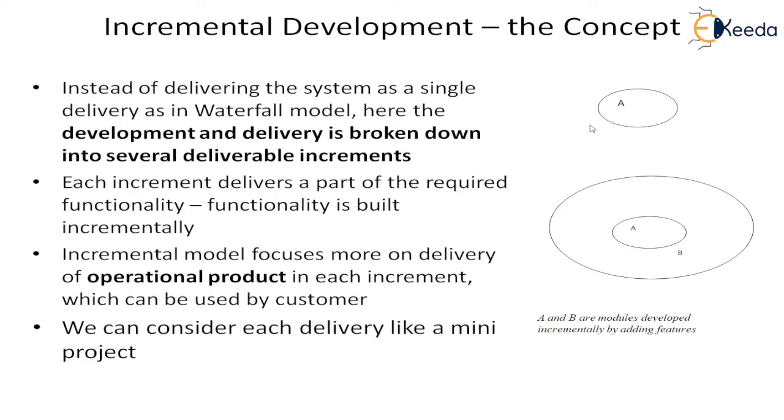Referring to this figure, suppose this is one set that contains a certain amount of functionality, we term it as A. So increment A is first developed and delivered, and when the user is using this functionality, the development team takes another set of features and these features are built over A. When this increment is delivered, we are actually delivering A plus B. So incrementally we go on adding features to the previously built increments.